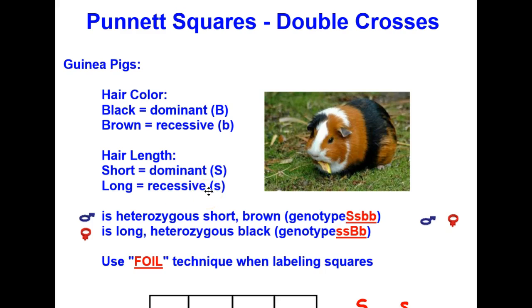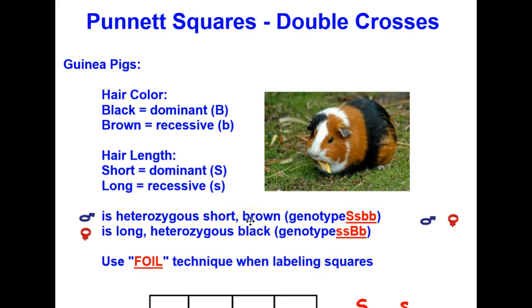In our first example here, we're going to cross a male guinea pig that is heterozygous short and brown. Well, heterozygous means you have one of each of the alleles for, in this case, hair length. So heterozygous would be capital S, lowercase s. And so in the genotype, you see that reflected here.